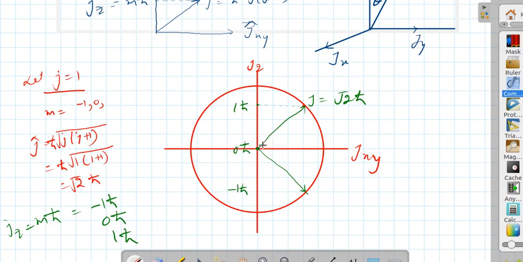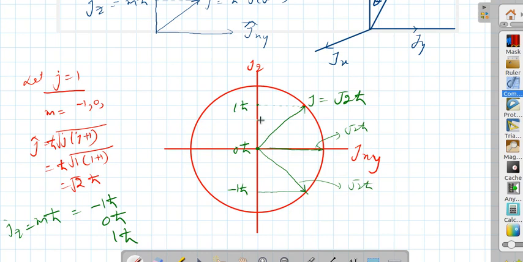So the z component is either 1 h cross, 0 h cross or minus 1 h cross, and corresponding to it this length again remains root 2 h cross because it is the radius, whatever the value of jz may be.